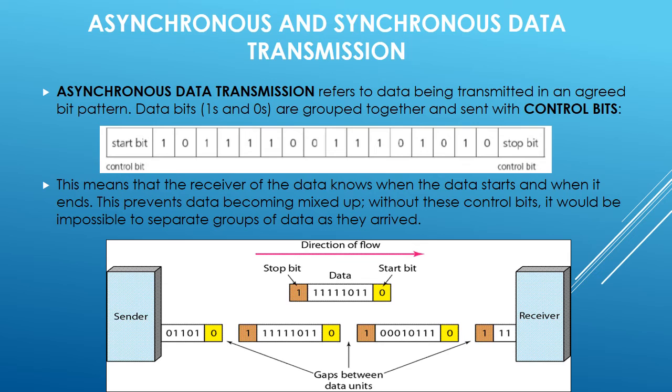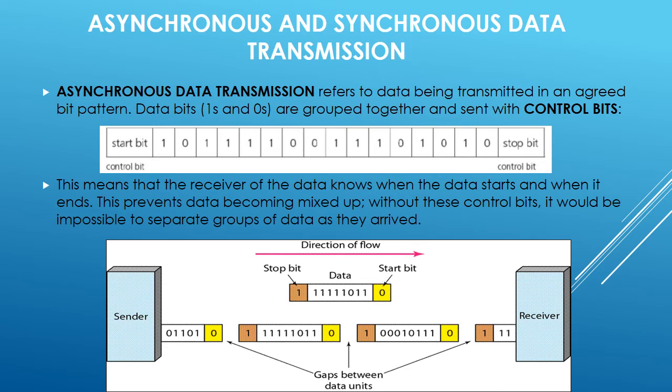The starting bit is known as the start bit and the ending control bit is known as the stop bit. This means that the receiver of the data knows when the data starts and when the data ends. This prevents data becoming mixed up. Without these control bits, it would be impossible to separate groups of data as they arrive.